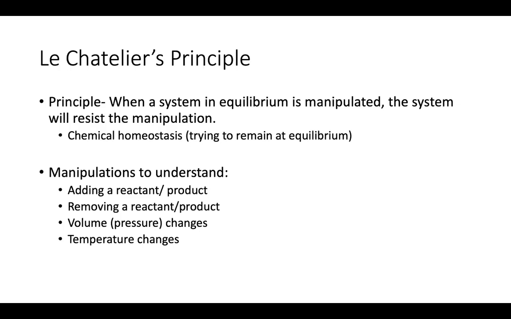So if we add reactant, we are going to shift towards the product side in order to resist the addition of that reactant. If we remove a reactant, we are going to shift towards the reactant side, again, in order to resist the change.